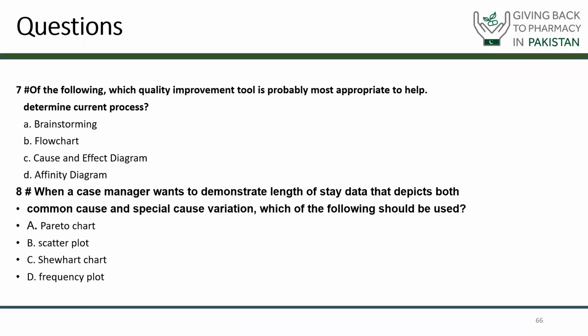We have mixed answers B, C, D. Okay, the answer is C, Shewhart chart. As I told you before, there are many names for the run chart. So the answer is the Shewhart chart. In the Shewhart chart we use data showing common cause variation or special cause variation with the central line.